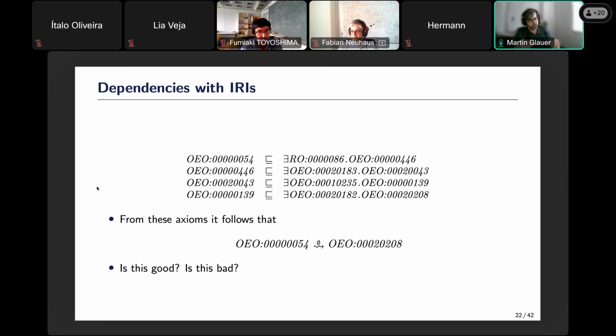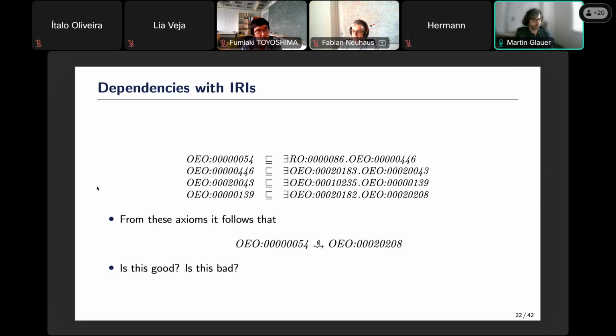And this emptiness then traverses up to OEO 54 on the top left. So we can see that OEO 54 emptiness depends on OEO 2028. Is this helpful? That's debatable. We don't know anything about these terms. They are just numbers to us. We can't tell whether they are good or bad, or whether this dependency is actually intended or unintended.